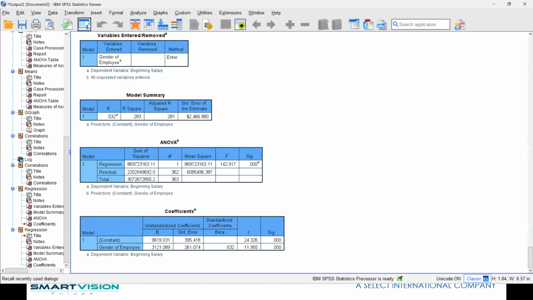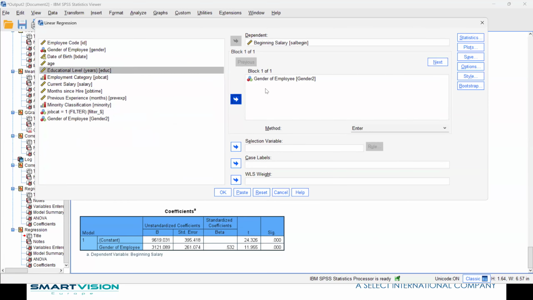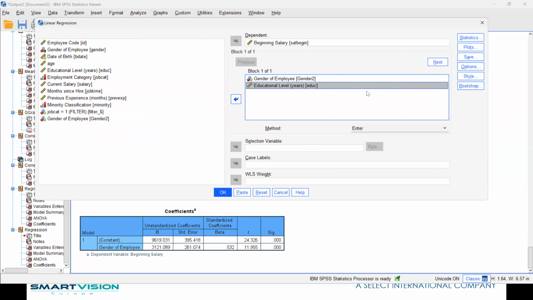If I go back and run my linear regression now and put education level and gender in at the same time, then if gender is actually not a predictor of salary, and what's really happening is that education level is a predictor of salary, then what we'll find is that gender will not be statistically significant in the model. It'll have a very weak coefficient, and it won't be contributing anything to it.